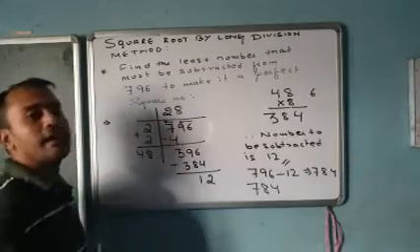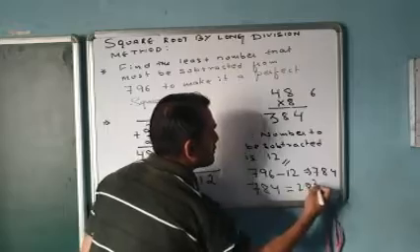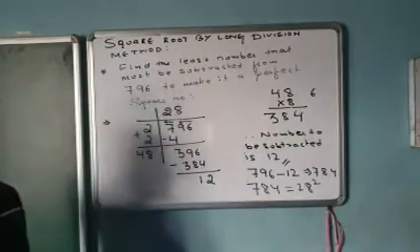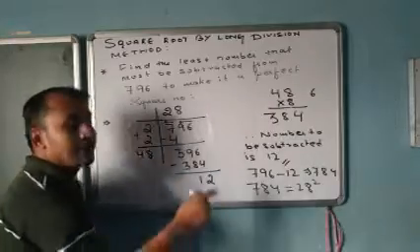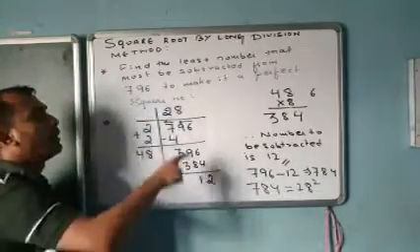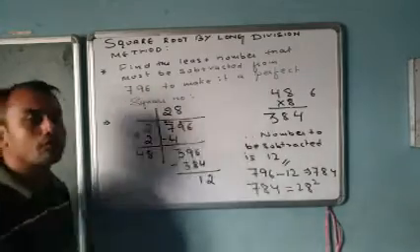You got 784. And this 784 is nothing but the square of 28. Hence, here the number to be subtracted is always the remainder of this division. So this is how we solve this sort of questions.